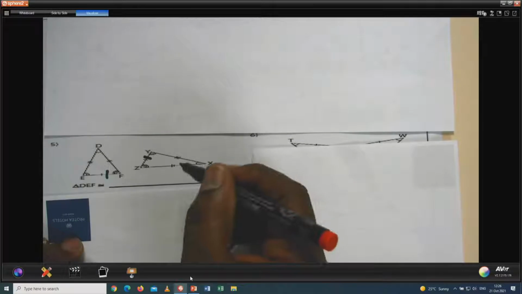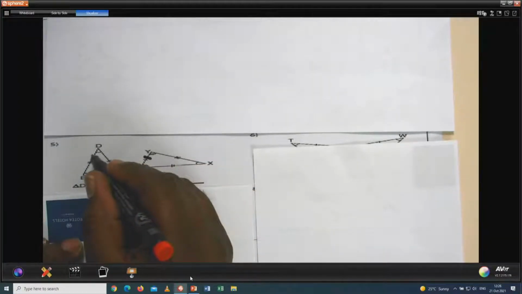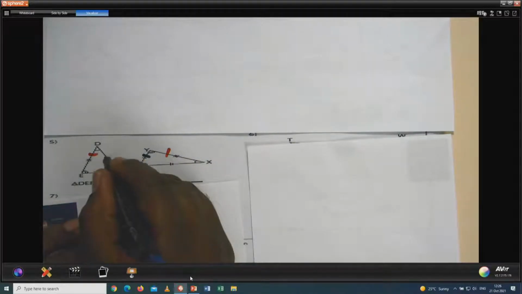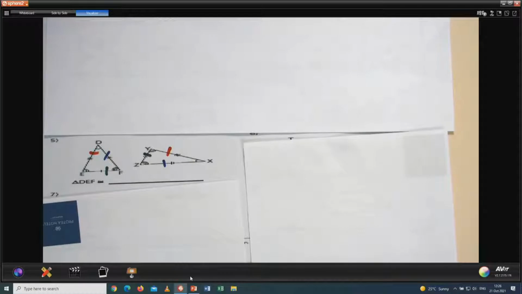And what else? The side equals that side. What else do you have? That side equals that side. So there are 3 properties.